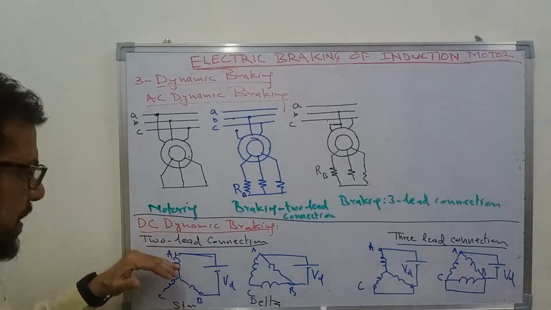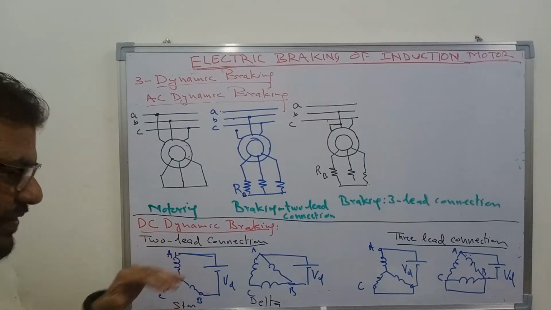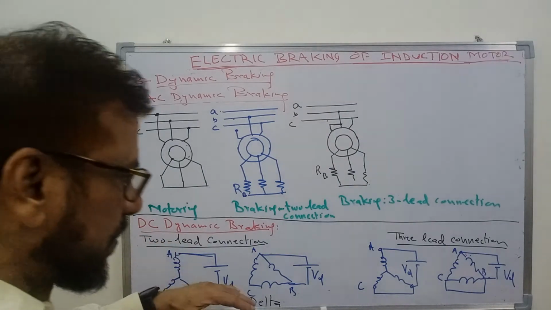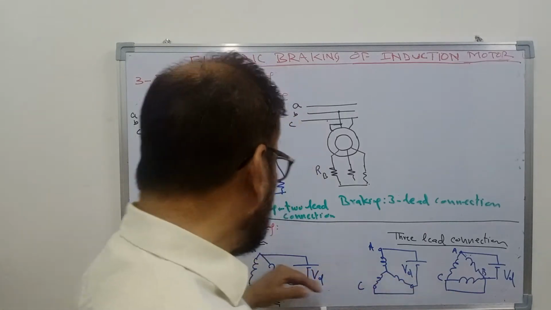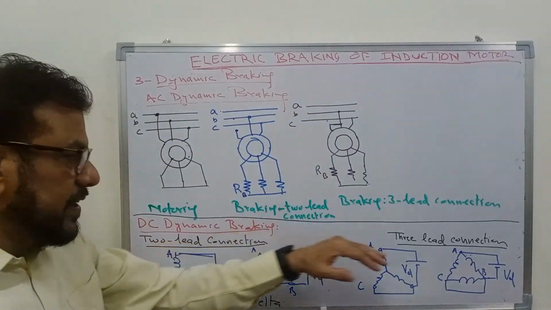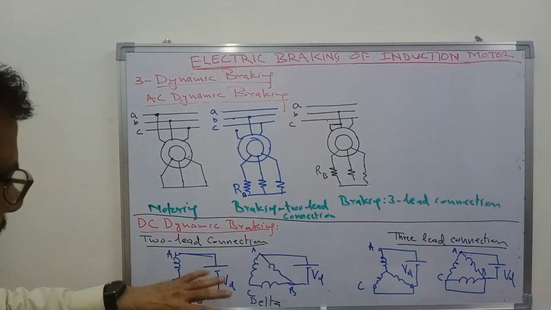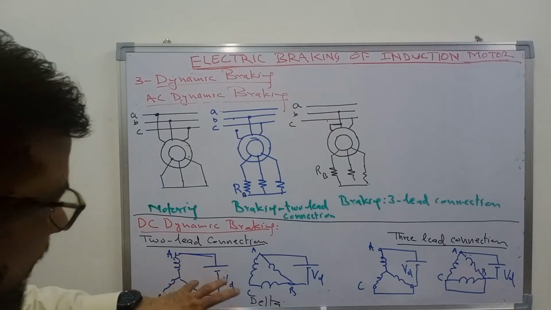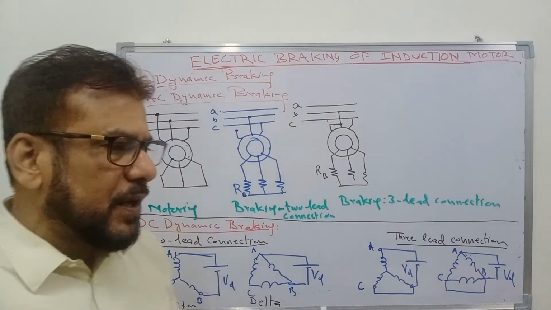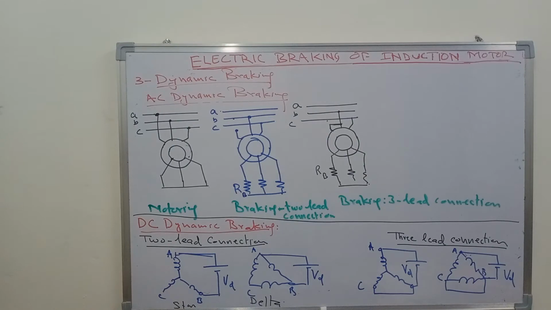In DC dynamic braking, supply is DC, and I have shown here two types of connections, two lead connection and three lead connection. Here the working is different.